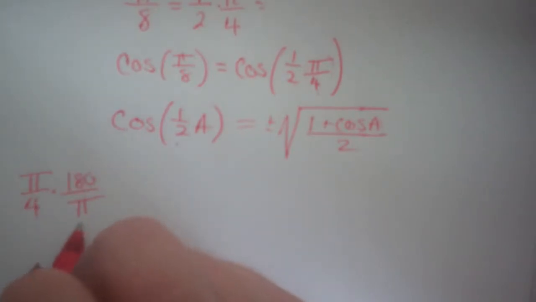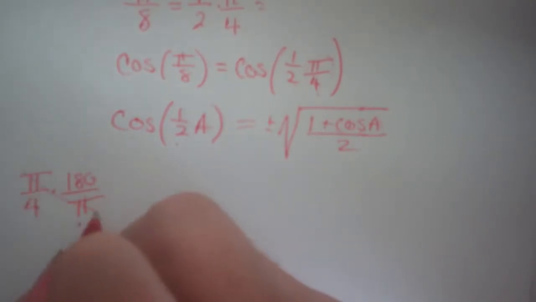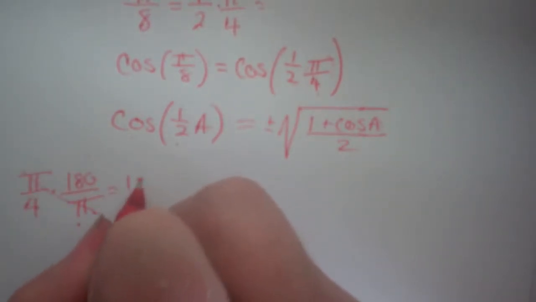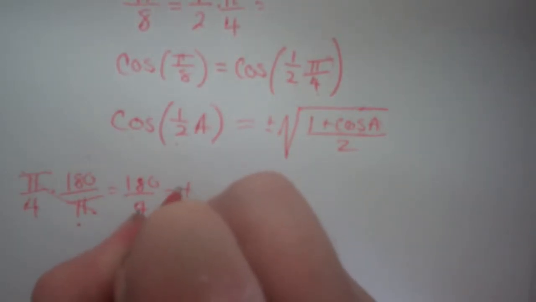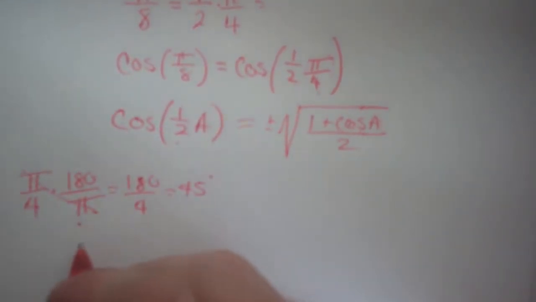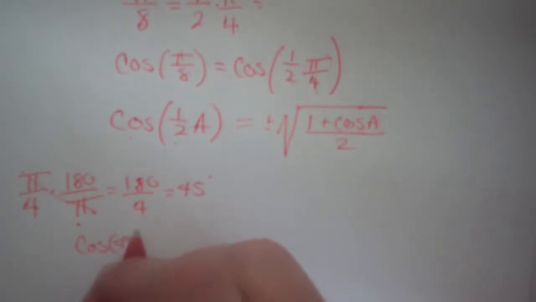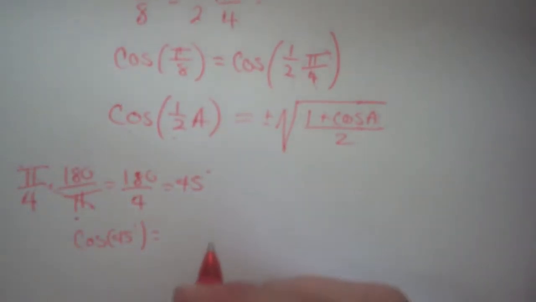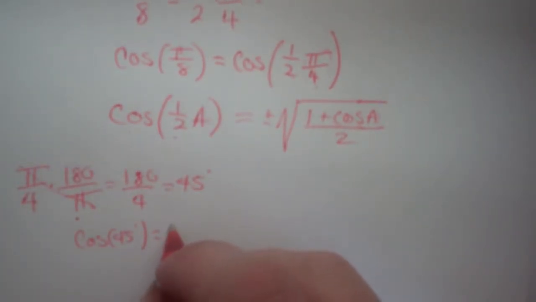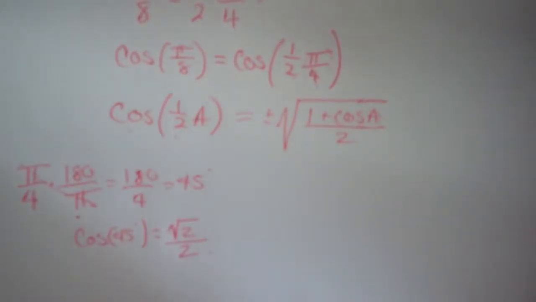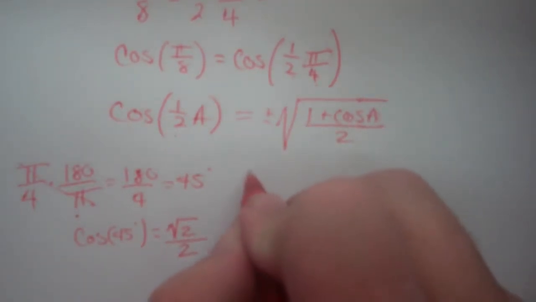Pi over 4 times 180 over pi. Those pi's cancel out. We get 180 over 4, which is 45 degrees. Do you remember what the cosine of 45 degrees is? Well, you should. You really should remember that the cosine of 45 degrees is radical 2 over 2. And so we can go ahead and make that substitution right now.